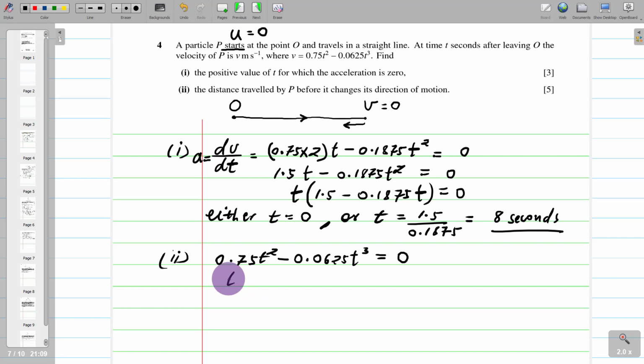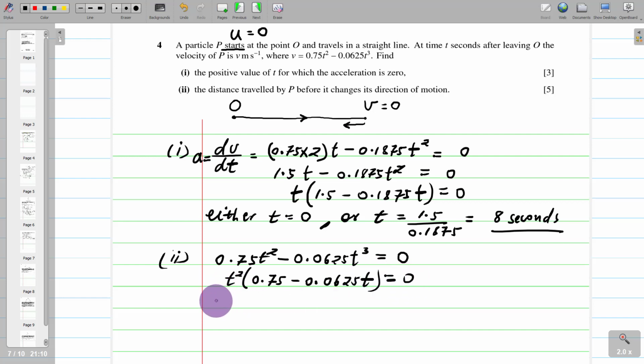And here I can see that I can factor out t squared so that I get t squared times (0.75 minus 0.0625t) equals 0.